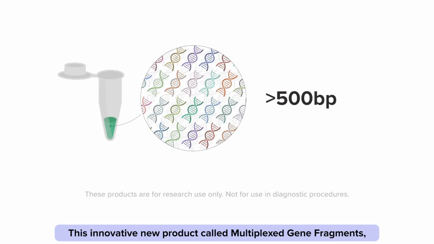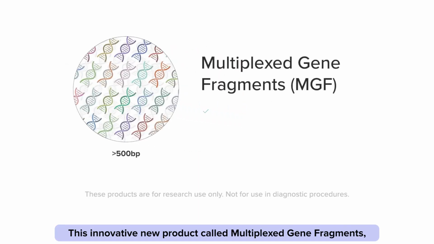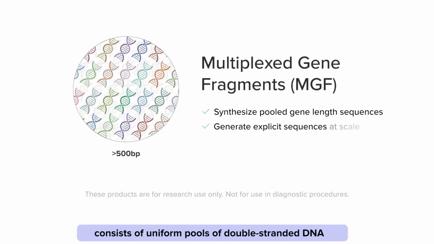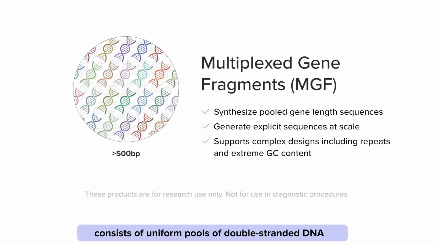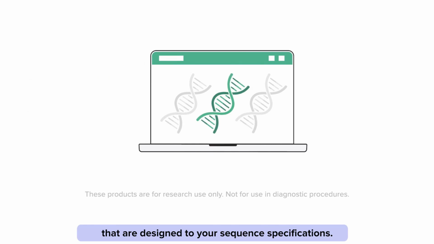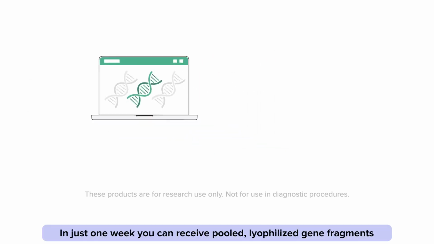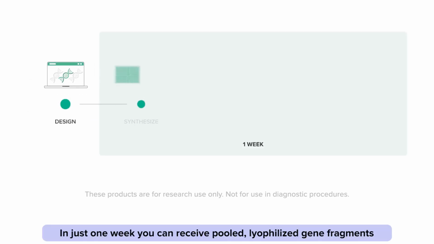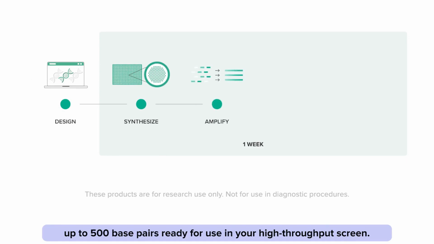This innovative new product, called multiplex gene fragments, consists of uniform pools of double-stranded DNA that are designed to your sequence specifications. In just 1 week, you can receive pooled lyophilized gene fragments, up to 500 base pairs, ready for use in your high-throughput screen.